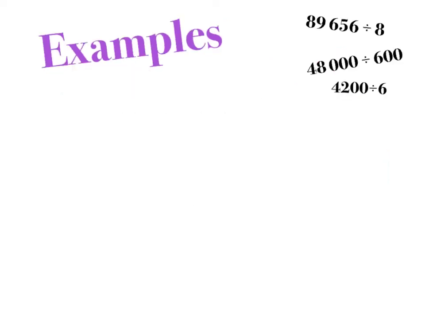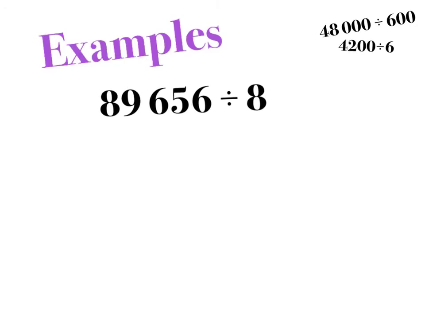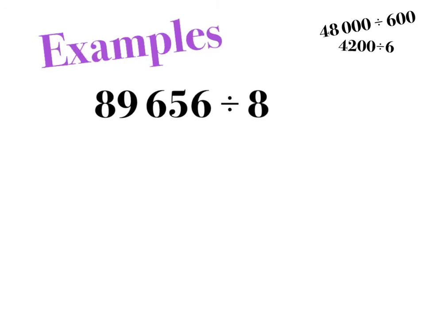Perfect. Examples. What are some of the examples we've got? Okay, let's take this one. I've got 89,656 divided by 8. So I've got a really big number divided by 8. Now, there's a certain way I lay this out.